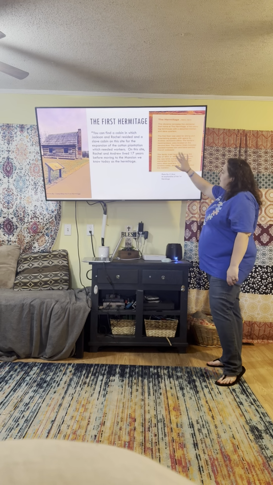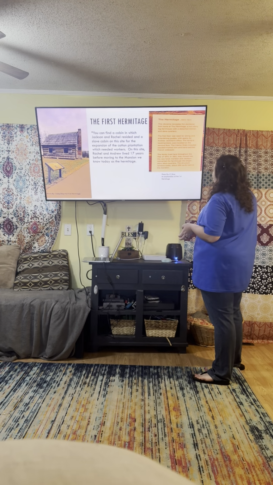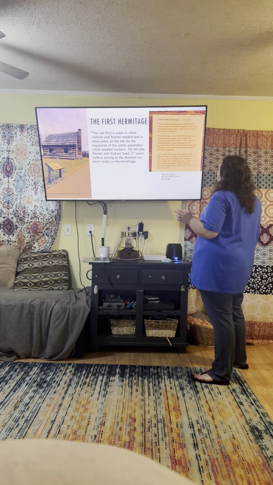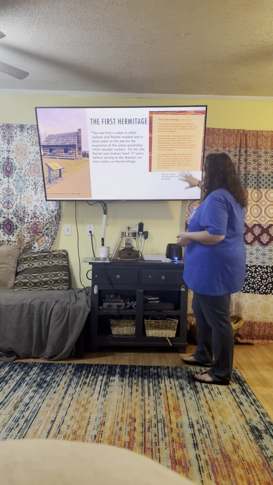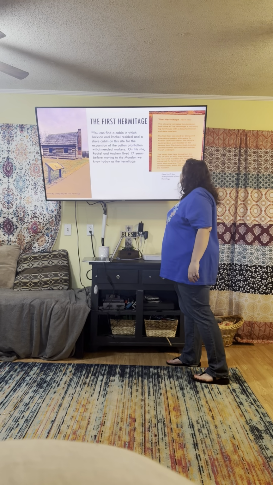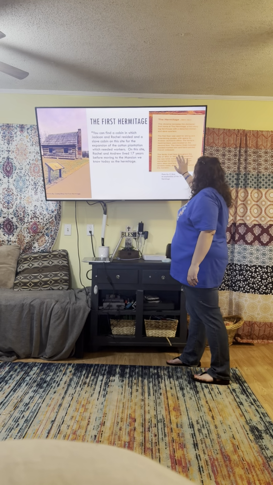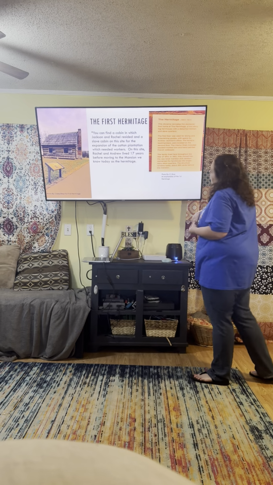Right here is a little plaque they have inside the museum. It states that the first floor was used for dining and entertaining guests. That's actually more toward the big new mansion, but maybe it's not. The first floor was used for dining and entertaining guests with space for Andrew Jackson's office.